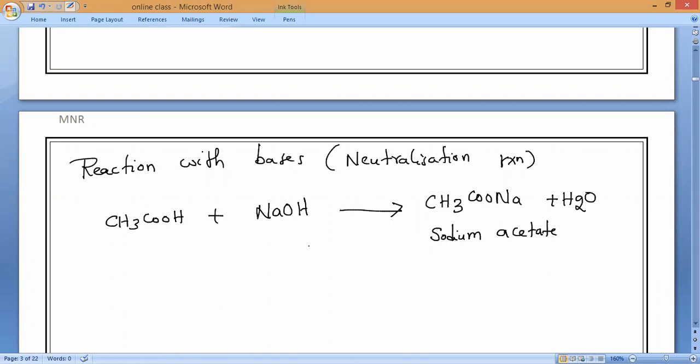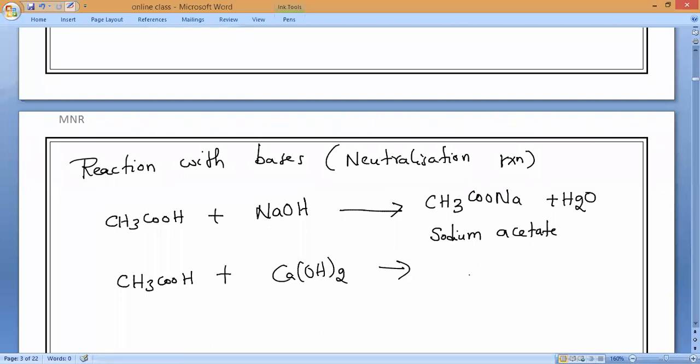Sodium acetate. Yesterday when we were discussing, I told you, it is the 34th question, reacting with sodium hydroxide. Now you can take another base, calcium hydroxide.